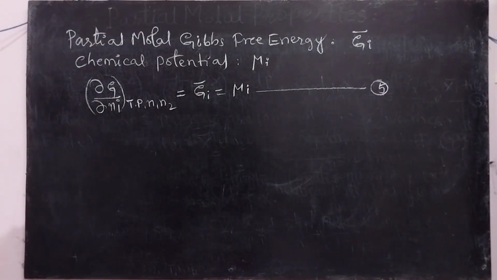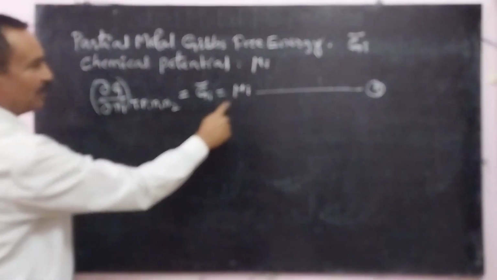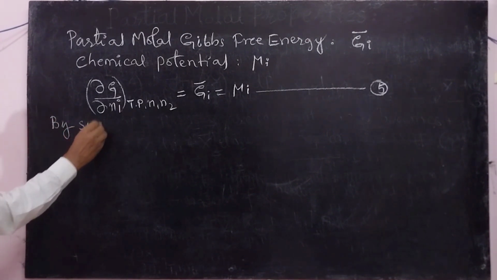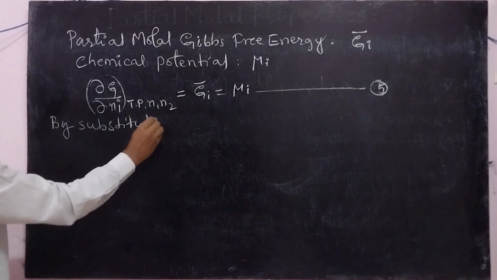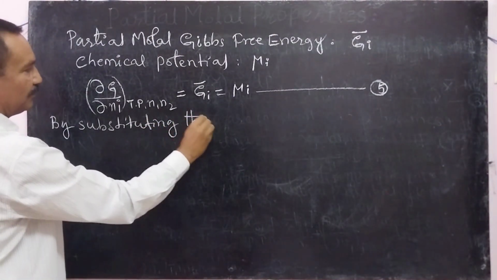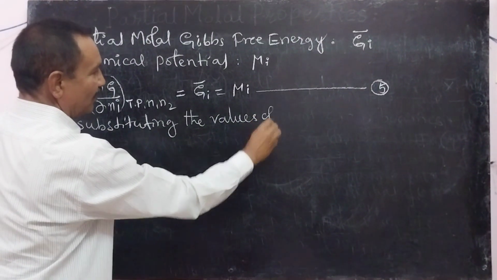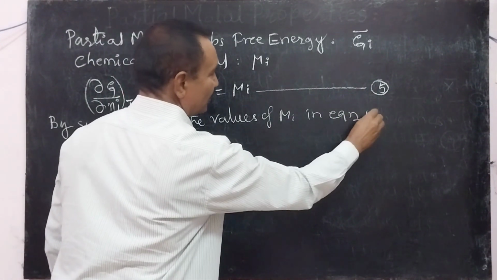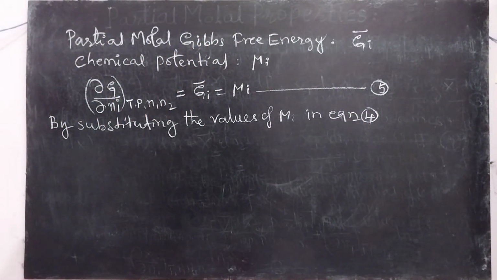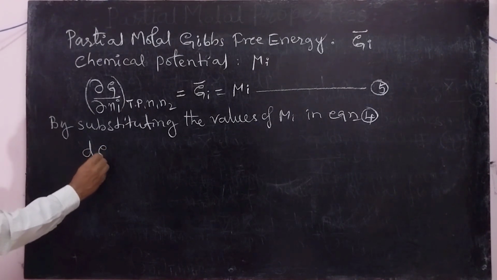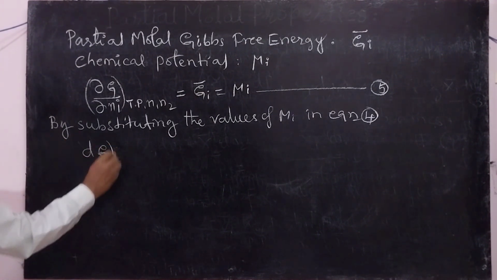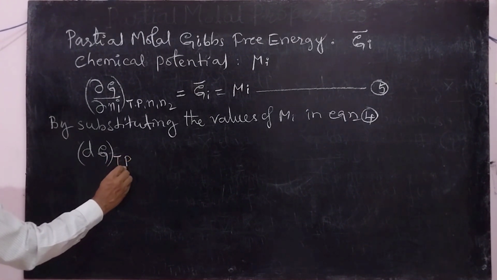Okay, by substituting the values of mu i in equation 4, we get dG equal to, okay, we want to write this for the Gibbs free energy G, when temperature and pressure are kept constant.